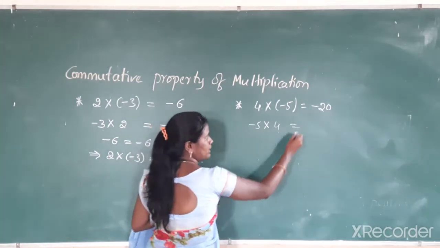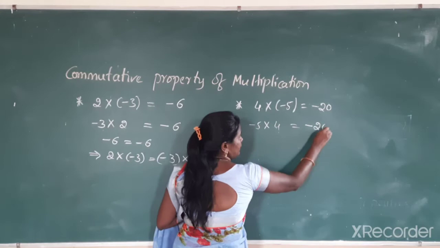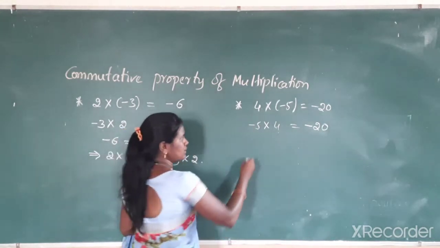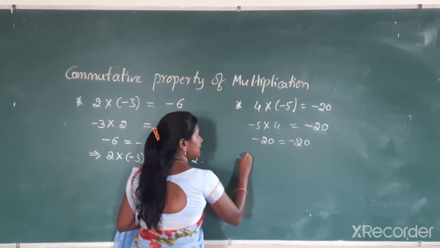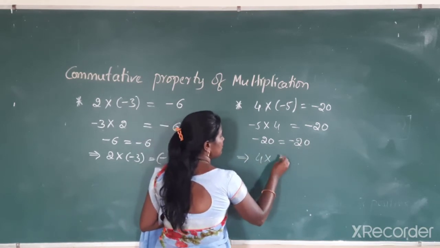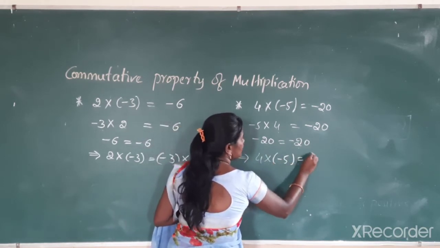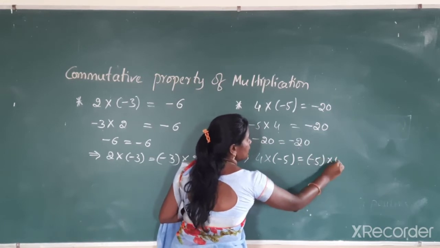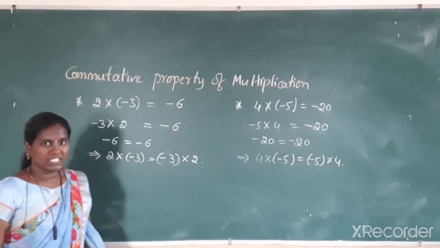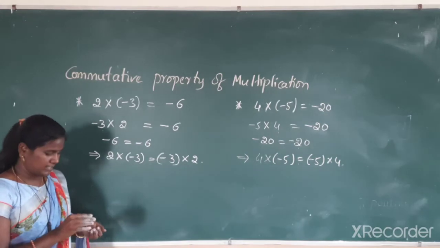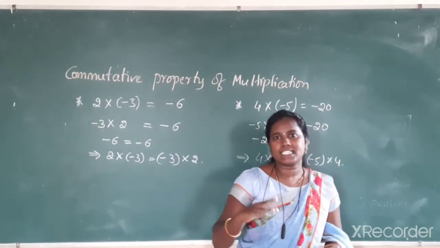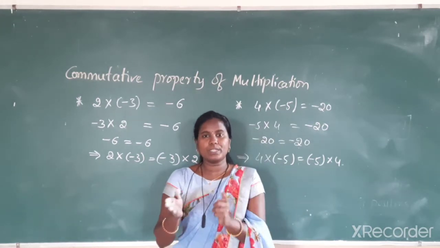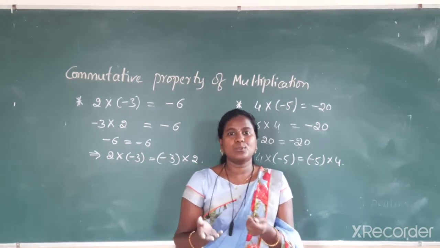Minus into plus is minus, 5 4s are 20. Of course, minus 20 is equal to minus 20. That implies 4 into minus 5 is equal to minus 5 into 4. So it is clear that for any two integers a and b, a into b is equal to b into a.